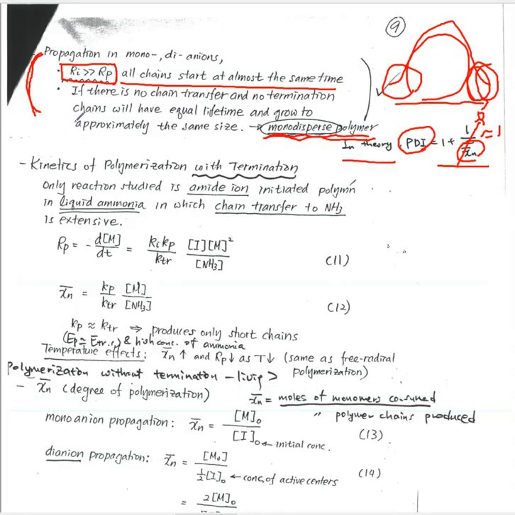Anionic polymerization can possibly generate monodisperse polymer. You remember that to make monodisperse polymer, we need to do the polymerization in space, without any gravity. But anionic polymerization can solve those limitations.